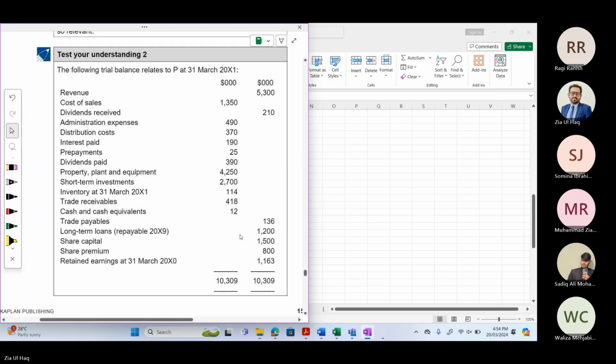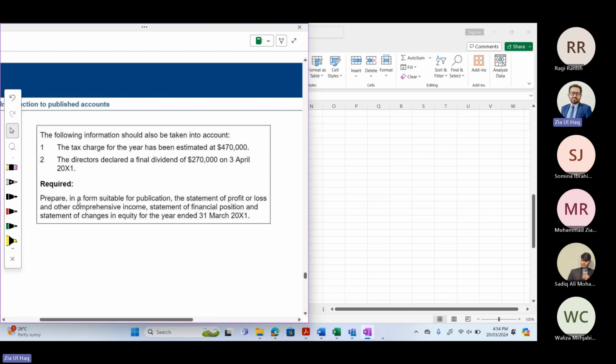Okay. The following trial balance relates to P at 31st March 20X1. What you need to do: prepare in a suitable form for publication the statement of profit or loss and other comprehensive income, statement of financial position, and statement of changes in equity. Again, these three you need to prepare.